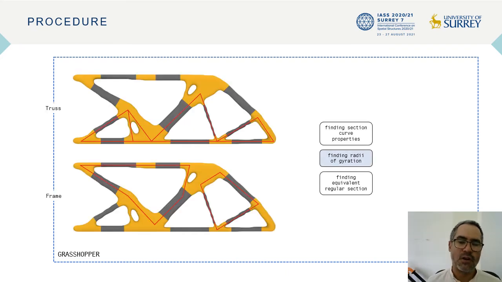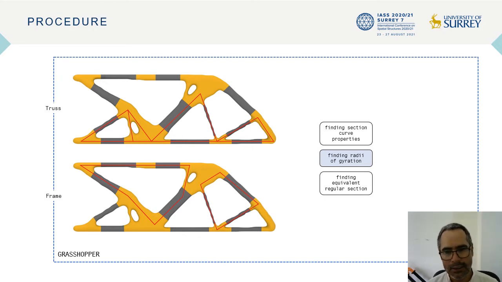Why radius of gyration? Because these new discrete systems are going to resemble either truss or frame configurations. In the former, we have configurations where the members experience either tensile or compressive stress. Therefore, buckling resistant capacity is required.